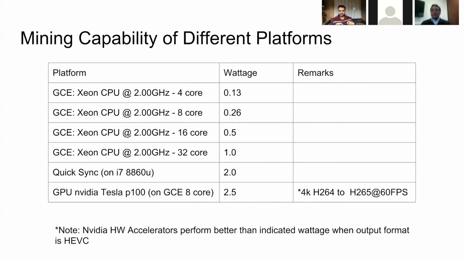But QuickSync is basically the interface to the fixed function video encoders and decoders available on Intel CPUs. Not too many people and not too many products use this part of the CPU pipe, but we want to use that for VideoCoin mining. And as you can see, even on a consumer grade CPU, the wattage available through QuickSync is several folds higher than what you would get on a high-end Xeon CPU.